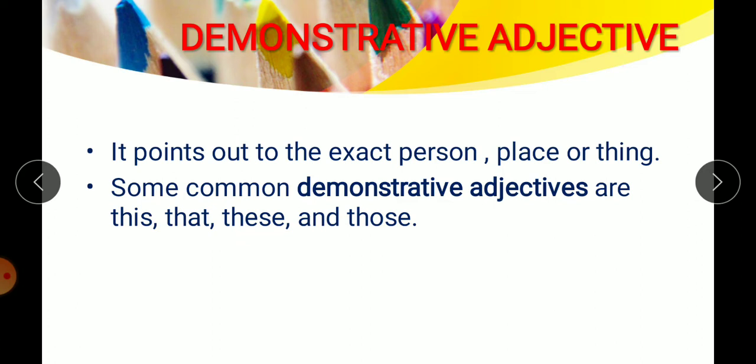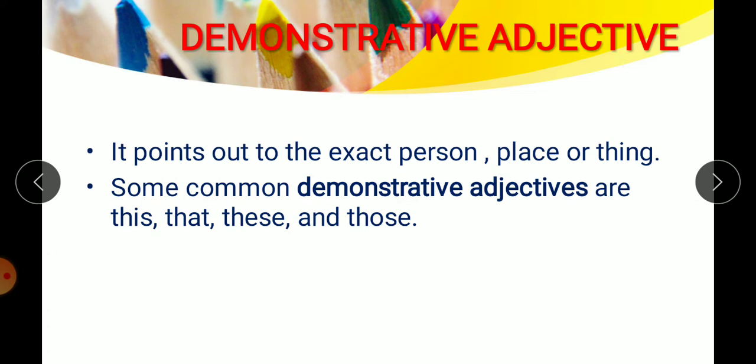Demonstration means होता है if there is something or some person is there, some place is there and we are pointing out at that thing, that person, that place, and then we talk about it, then that is demonstration or demonstrative. So pointing out the exact person, place or thing is done by a demonstrative adjective.